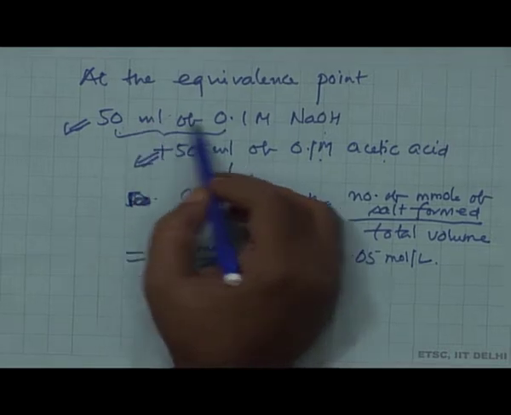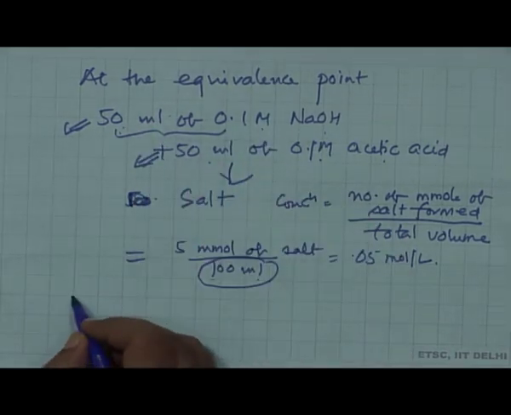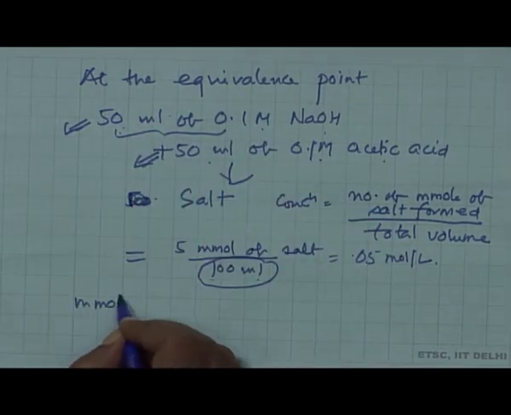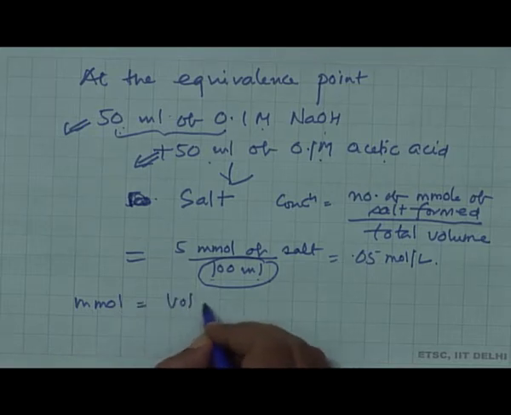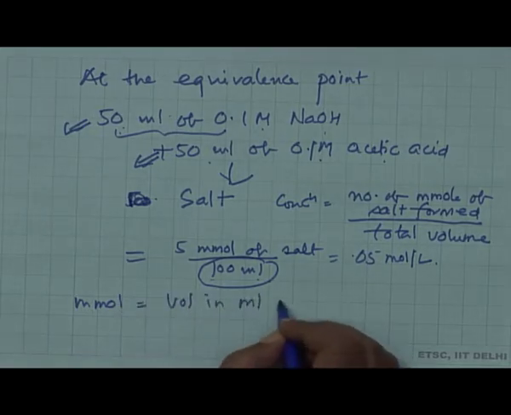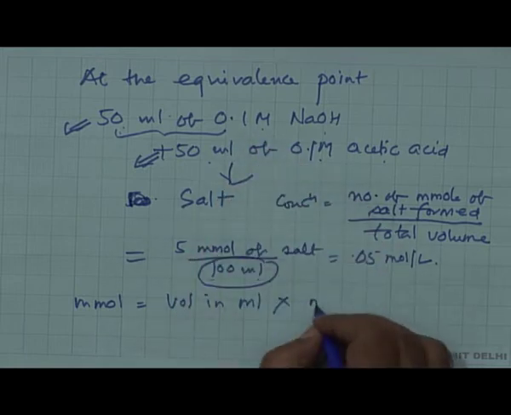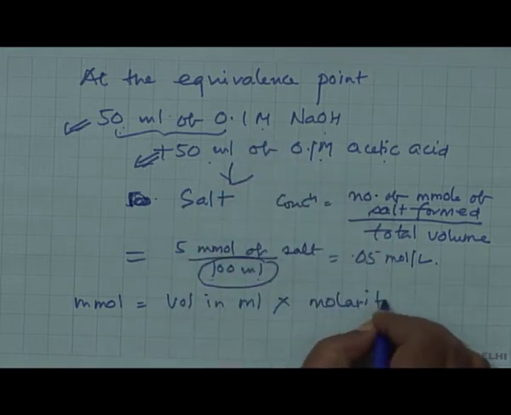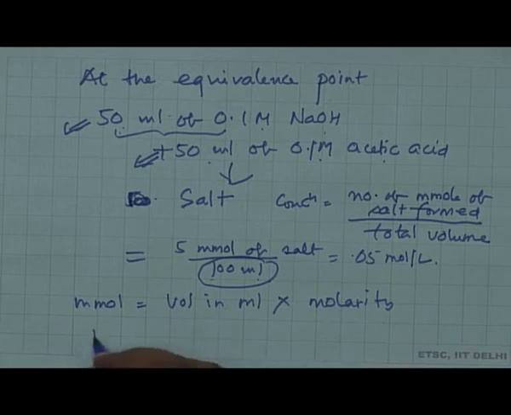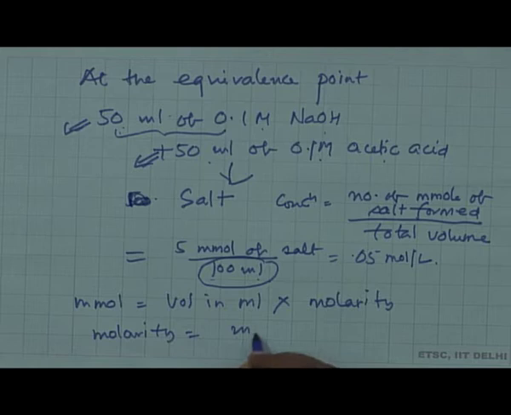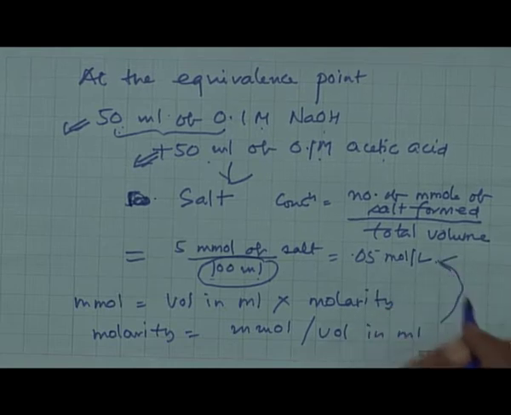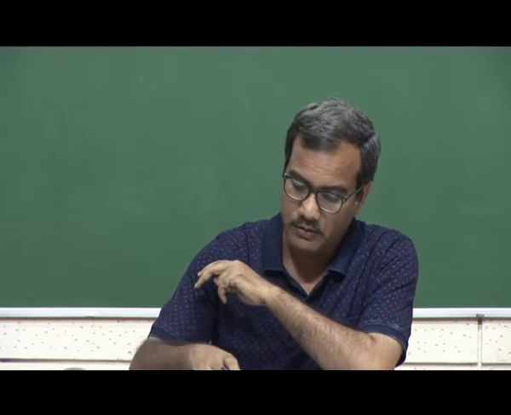So, you see what we have done here: millimole is equal to volume in milliliter multiplied by molarity, and if I want to calculate molarity, it is equal to number of millimole divided by volume in ml. This is the way you can calculate the concentration of the solution.